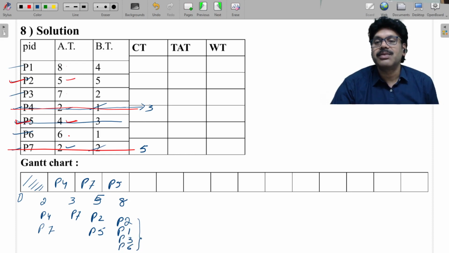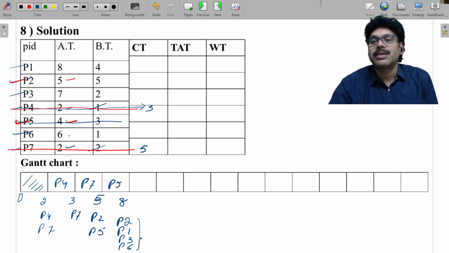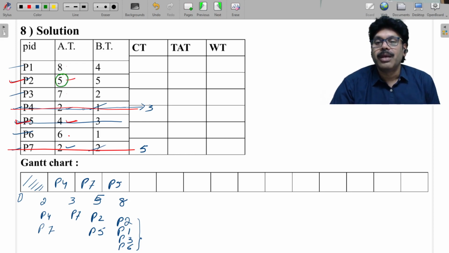Among these, which has come earlier? Observe, P2 has come at 5, P1 has come at 8, P3 has come at 7, and P6 has come at 6. So which has come first? P2 has come first.